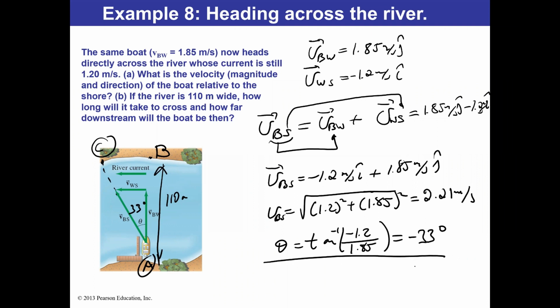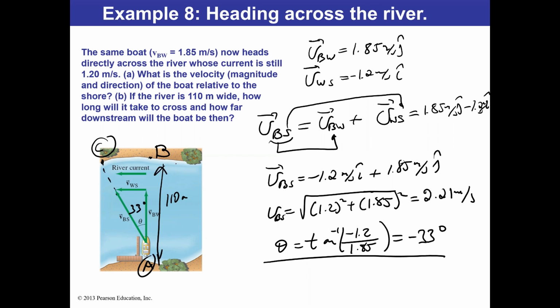That was basically part A. For part B, it says, if the river is 110 meters wide, how long will it take to cross, and how far downstream will the boat be then? All right, so to find the time, I can just calculate from looking at how it goes, that's 110 meters.